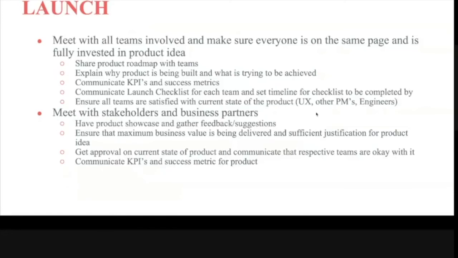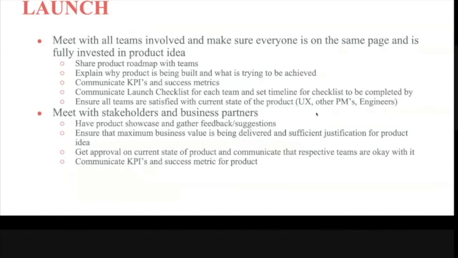Communicate the KPIs, so these are key performance indicators, key product indicators and success metrics. Communicate the launch checklist for each team and set a timeline for the checklist to be completed by. Ensure all teams are satisfied with the current state of the product, UX, other PMs or engineers.